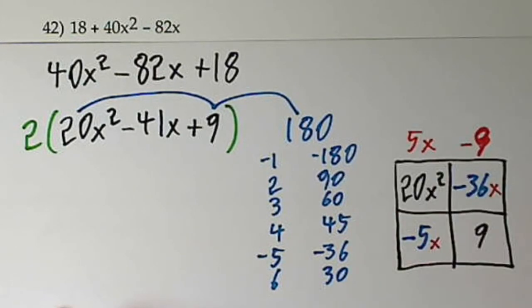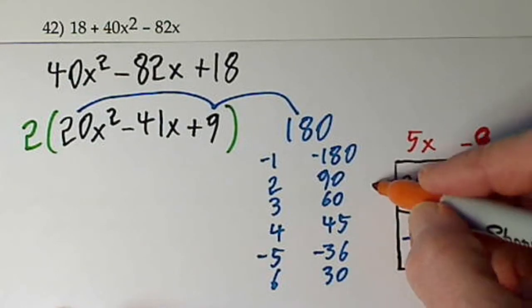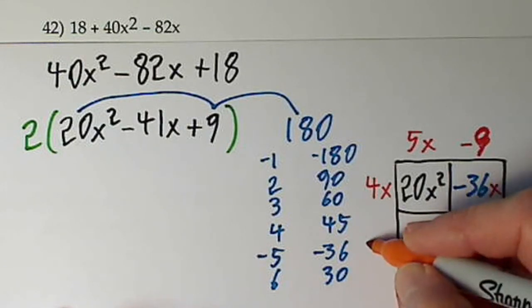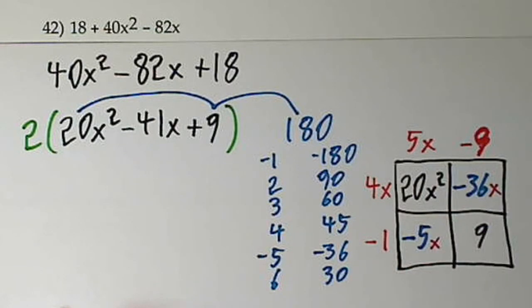Going straight across, looks like a 4x is the best we can do. And coming over here, negative is coming out. Notice with negative 5x and a 9, there really is no common factor other than 1. So I factor out a negative 1.